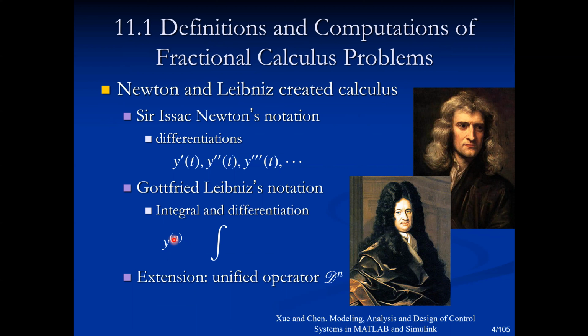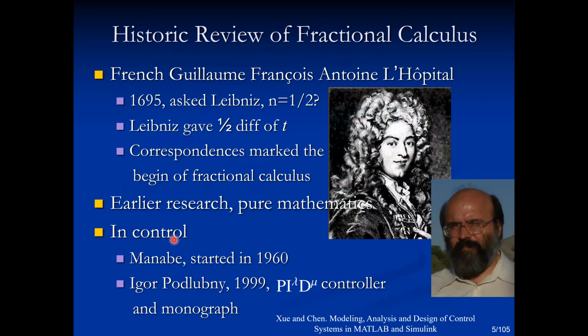That was asked by L'Hopital, who invented the L'Hopital rule for limits, remember? L'Hopital asked Leibniz, what if n is half? Actually Leibniz gave a half order derivative of t, in 1695, which is considered the birth of fractional calculus.